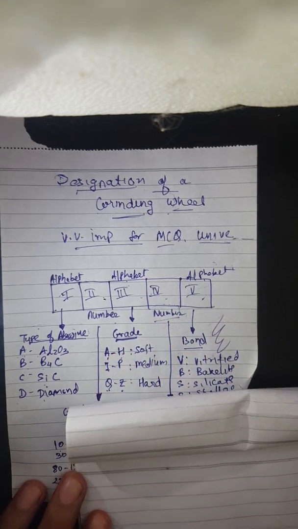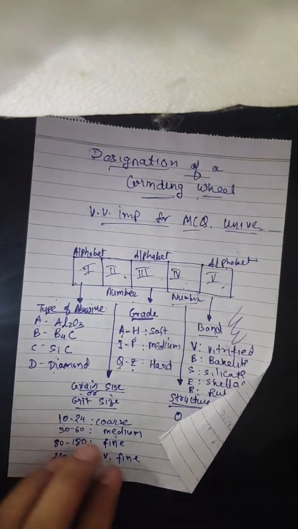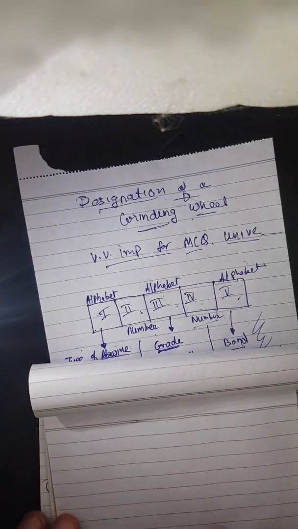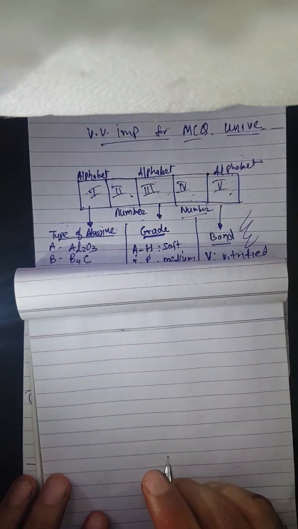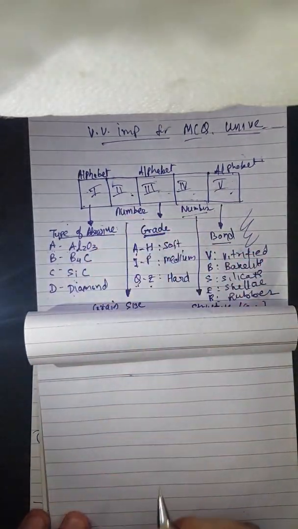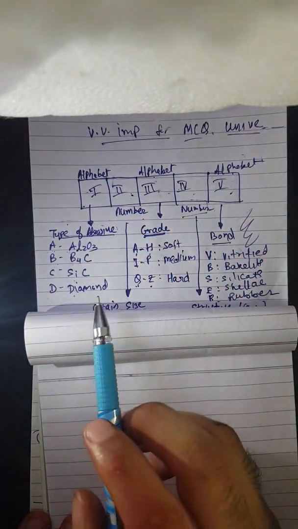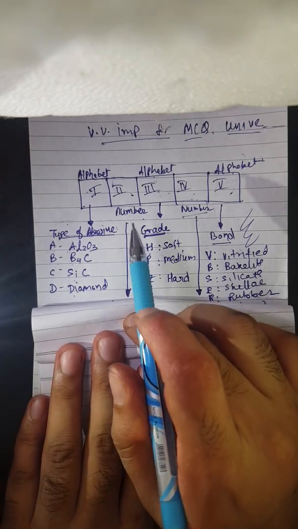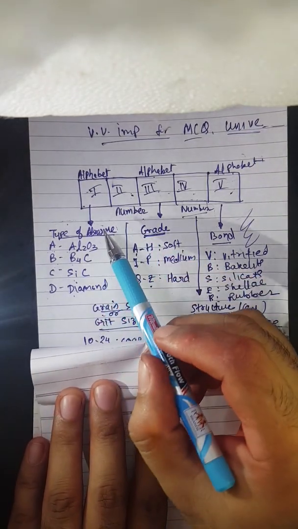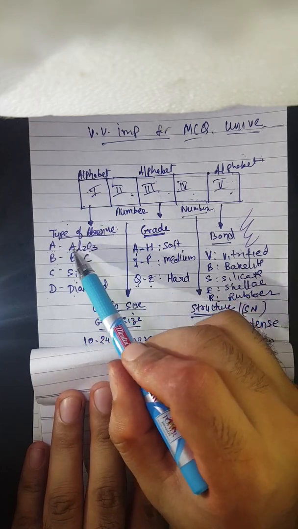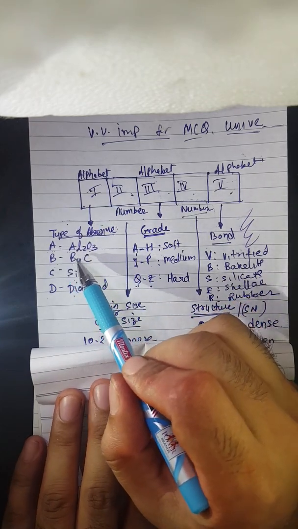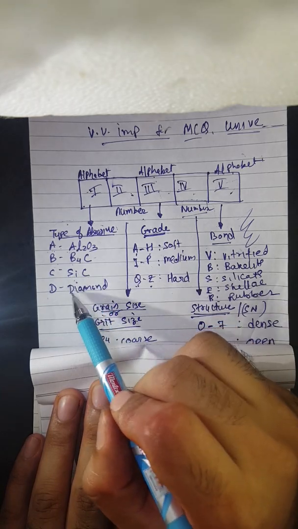Starting with the first block, that is the alphabet, we have Al2O3. The first block is the type of abrasives. In this we have Al2O3, B4C, SiC, and diamond.